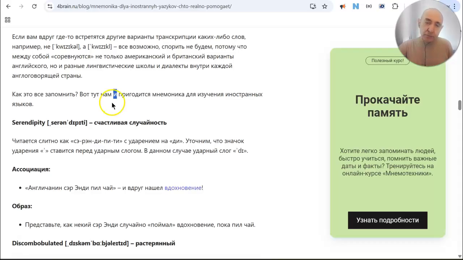So they say, вот тут нам и пригодится мнемоника для изучения иностранных языков. Exactly here, to us, will be useful mnemonics for, remember, изучение from the previous lesson means learning. For studying, for learning foreign languages.